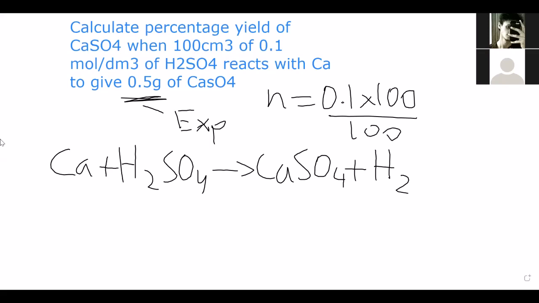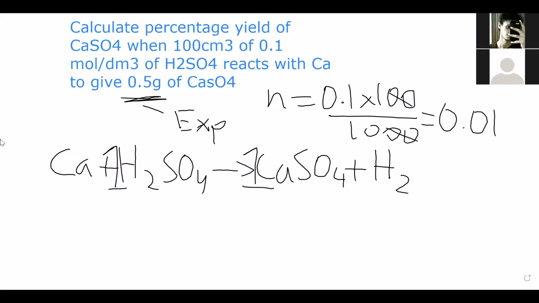So N is equals to 0.01. Now, when the ratio of sulfuric acid to calcium sulfate is 1:1, so 0.01 moles of calcium sulfate are produced.